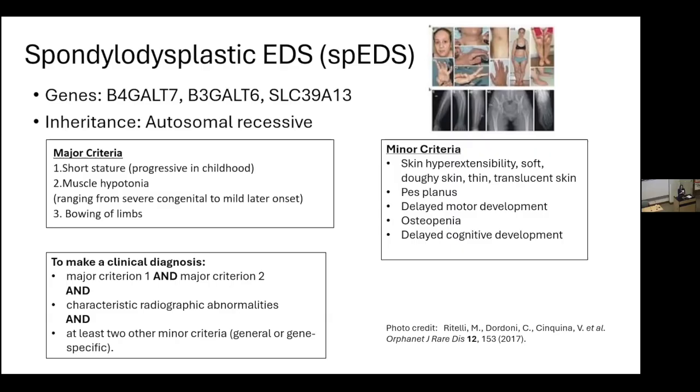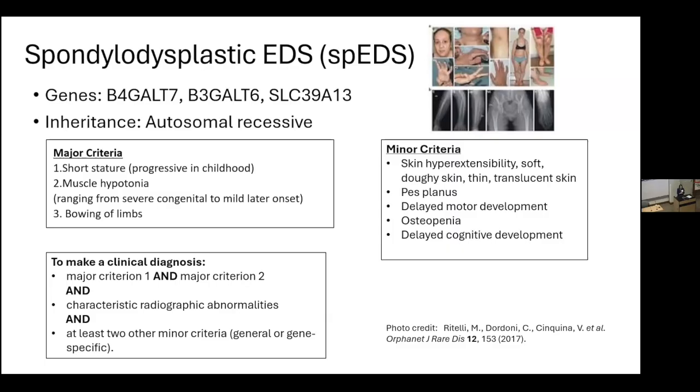And all 3 genes require 2 copies, so it's an autosomal recessive condition, regardless of which of the 3 genes is causing it. The major criteria are the progressive short stature in childhood, hypotonia, which may be congenital or may be relatively mild and of later onset, and then there is some bowing of the limbs.